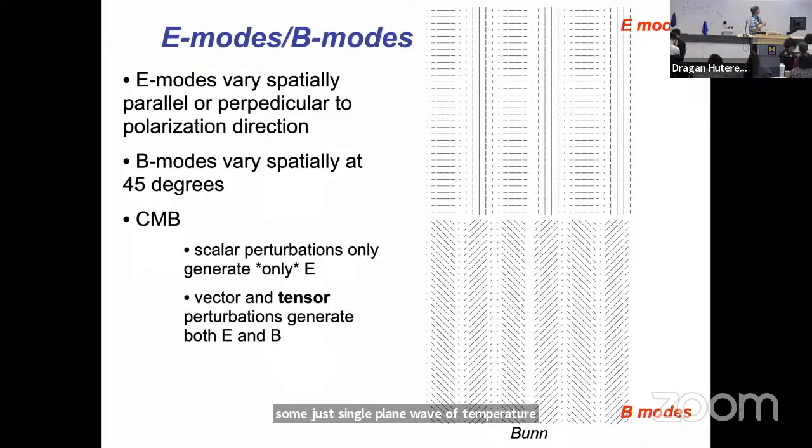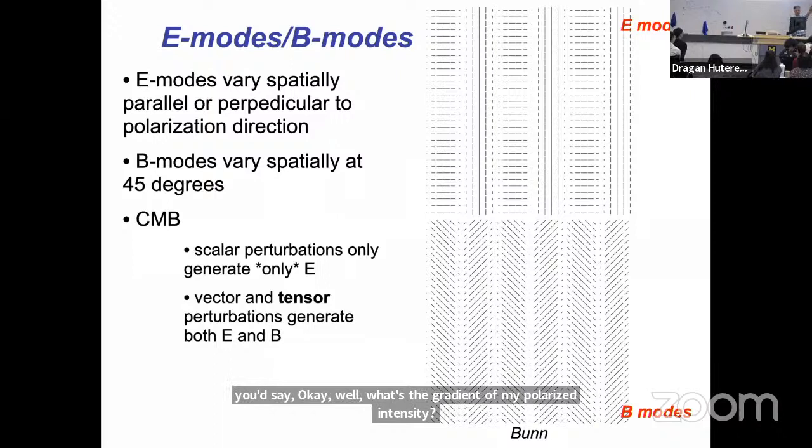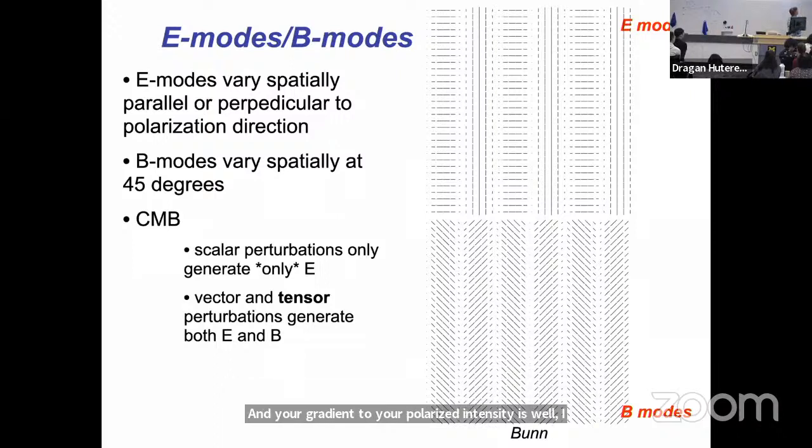Now the thing that's a little bit weird is that I said which way is the polarization direction compared to the direction that it's changing. Remember, polarization is spin 2. It's how much is in the vertical direction versus the horizontal direction. It's not actually an arrow pointing up; it's either up or down. So you would think you'd ask what the gradient of the polarized intensity is, to the right or to the left.